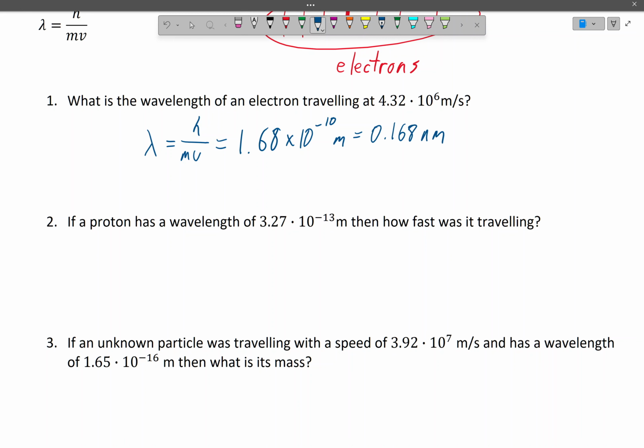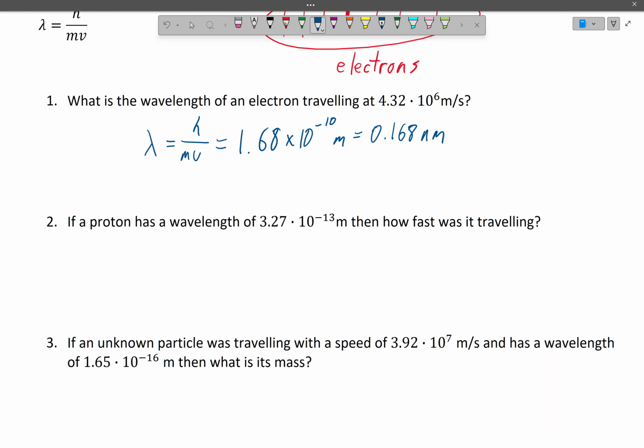Nanometers are kind of nice because you can compare that to the wavelength of light, and it's actually not that far off. It's a little bit smaller, and a smaller wavelength means higher energy if we're talking about light, but it's interesting that it's in the ballpark of what light is.